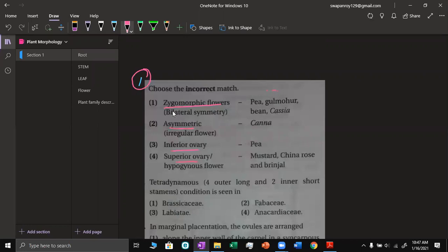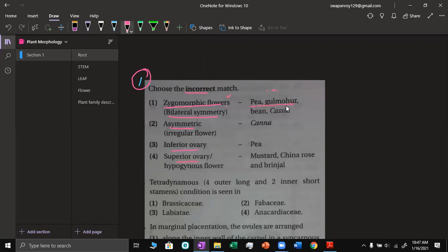In this column there are examples. Zygomorphic flowers have bilateral symmetry. Which one is incorrect? Is it pea and Gulmohar? Pea is from the family Fabaceae.